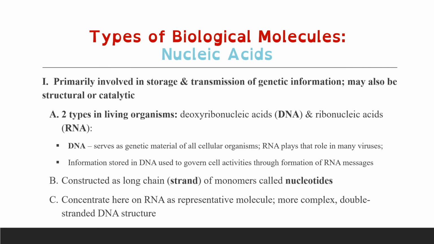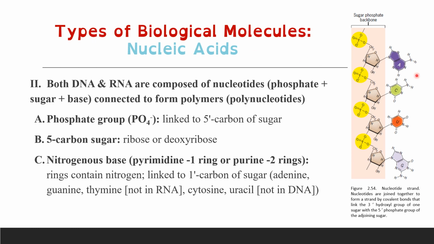And we will concentrate here on RNA as a representative molecule. They are more complex than double-stranded DNA. Both DNA and RNA are composed of nucleotides. You have your phosphate, you have the sugar, and then you have the nitrogenous bases. They are connected to form polymers you call polynucleotides.